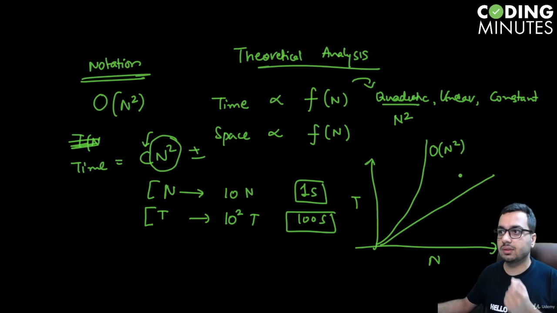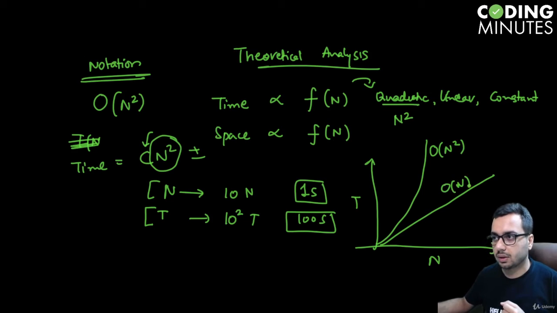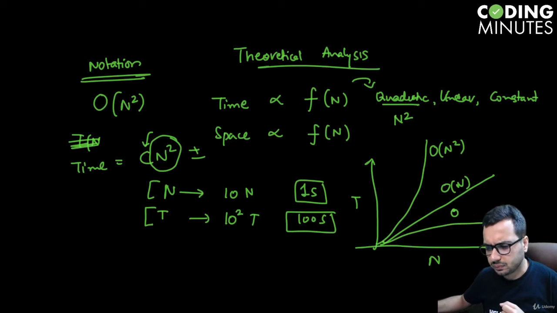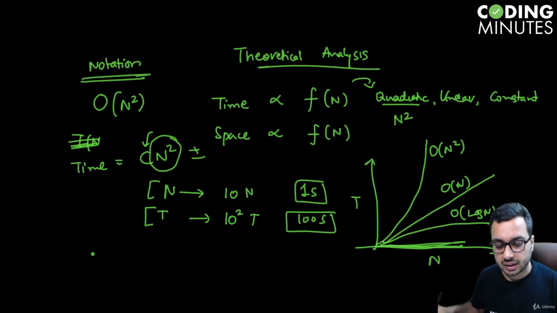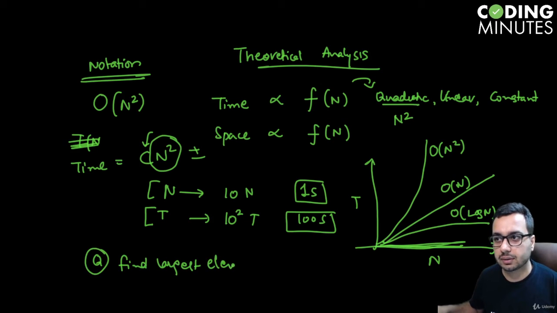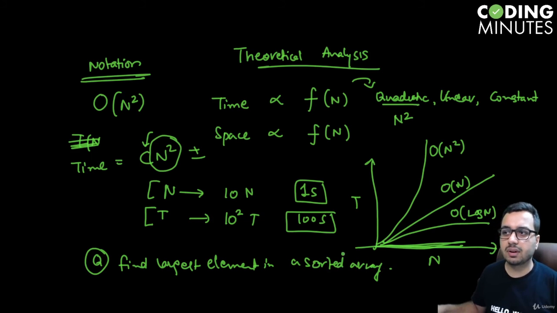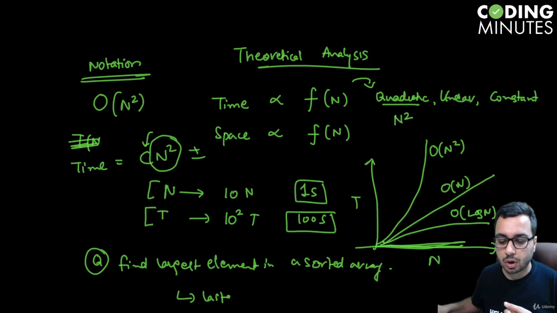It is order of n square, or time is order of n, or it is log of n. Okay, or it is constant. That means irrespective of your input, your time does not change. It is going to take constant time. For example, if I say find the largest element in a sorted array, it doesn't matter how big the array is, we know the last element would always be the largest.